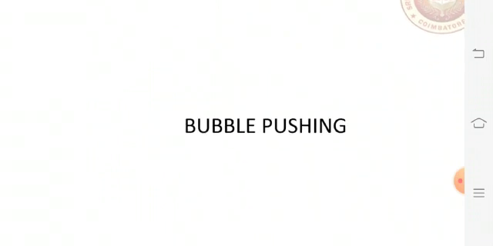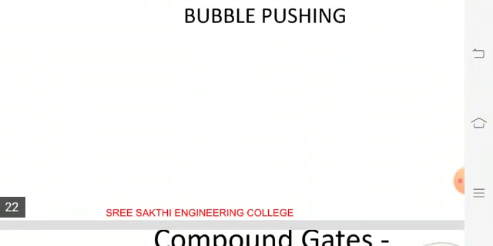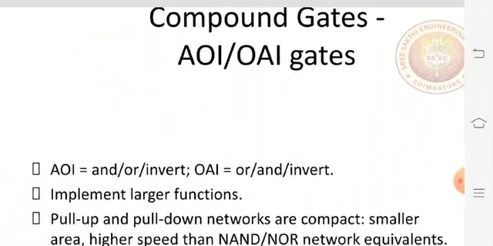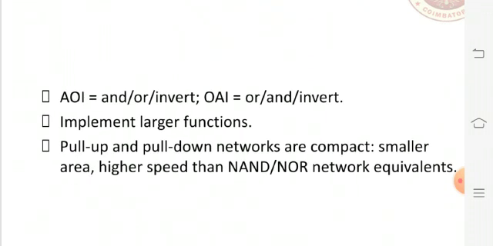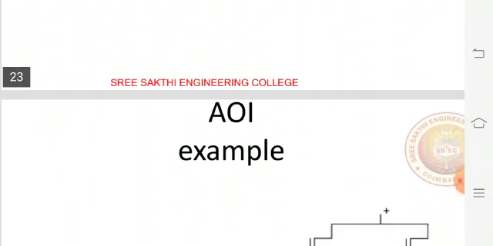Next one is bubble pushing. Bubble pushing comes under the compound gates, AND-OR-inverter (AOI) or OR-AND-inverter (OAI) gates, which implement larger functions. Pull up and pull down networks are complementary, with smaller area and higher speed than NAND or NOR equivalents.